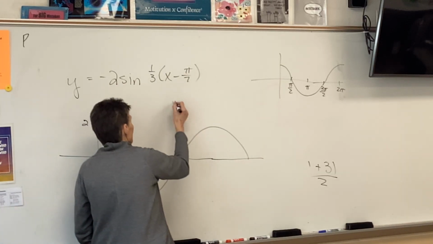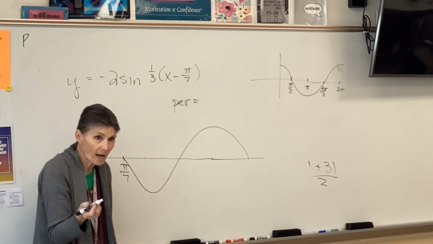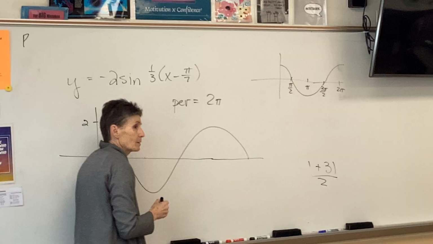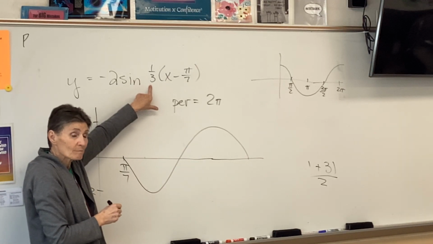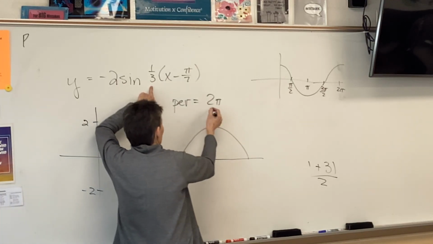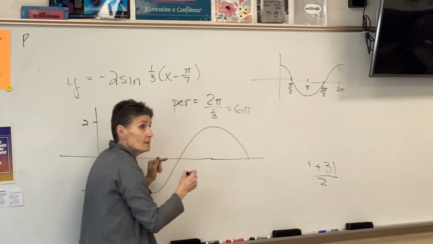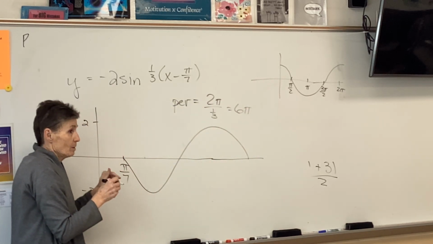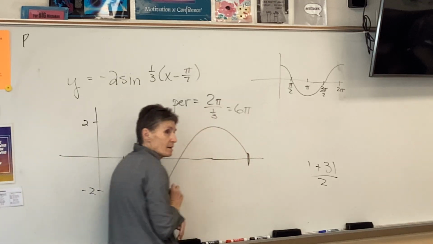Our period in a regular sine curve is 2 pi. But we've changed it, right? So what's going to happen? I'm going to divide it by 1/3, which is going to turn it into 6 pi. Now, that does not mean this is 6 pi.